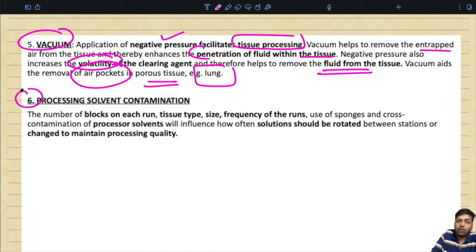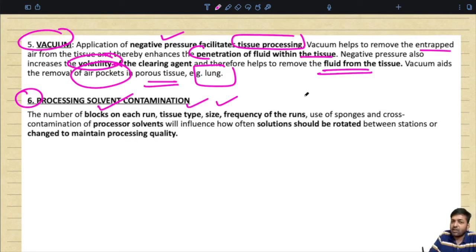And lastly, processing the solvent contamination. Now remember, other factors are, for example, you have one reagent. How many number of blocks have been processed with that particular reagent? So the number of blocks on each run, or the tissue type, which kind of tissue you are using. Some tissues require a lot of dehydrating agent or they require exposure for a long period of time.